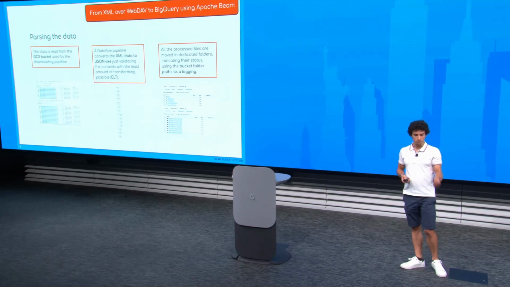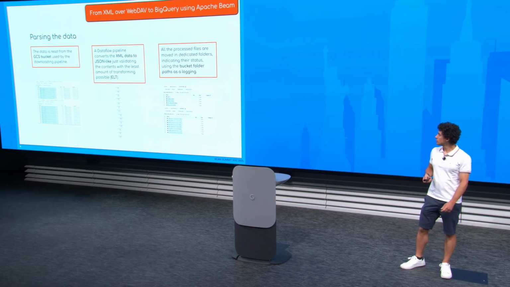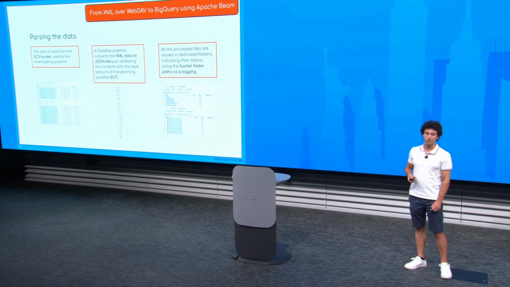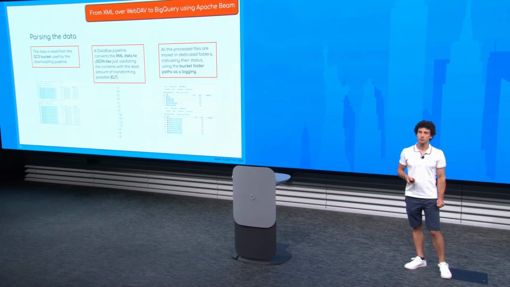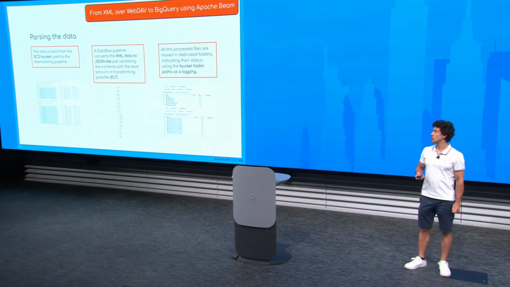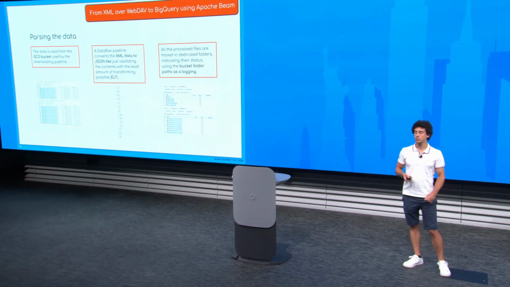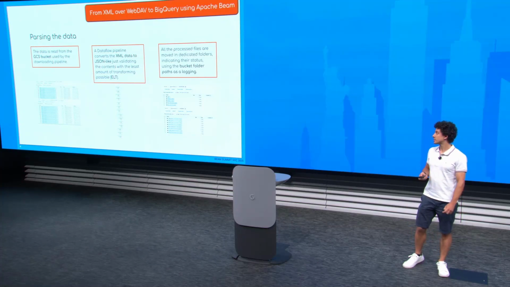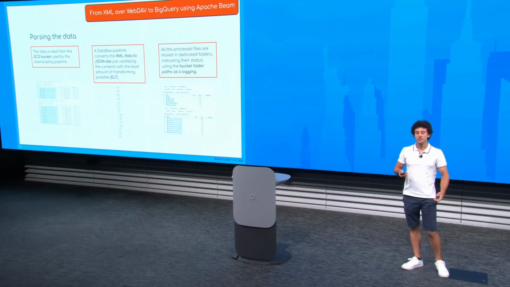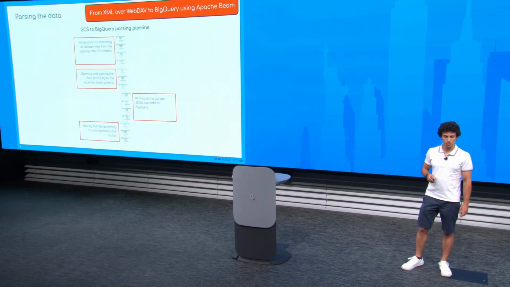At the same time, we decided to use the Google Cloud Storage file system to log all of these operations. We just move the files around in dedicated directories, for example, to track some exceptions that could occur during the process.